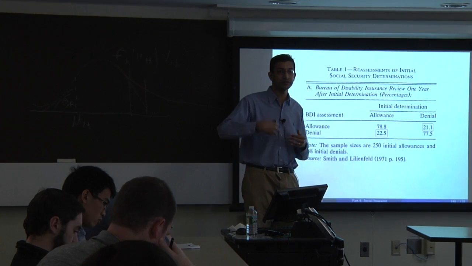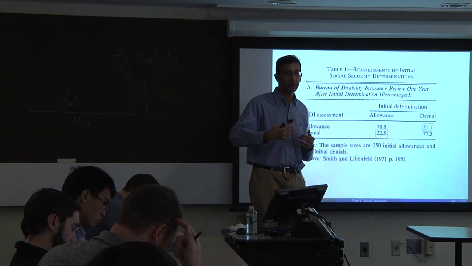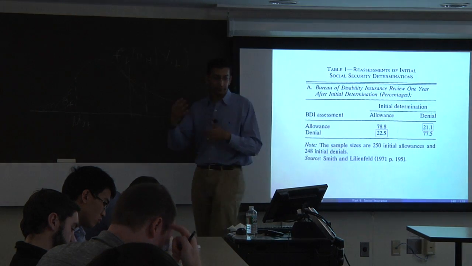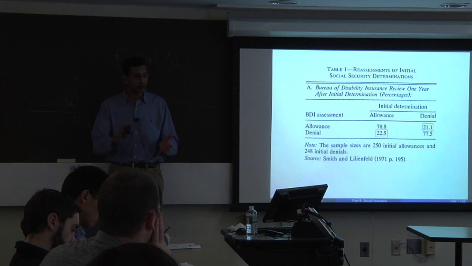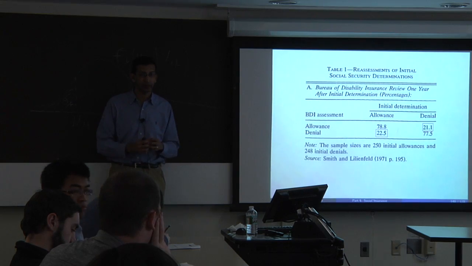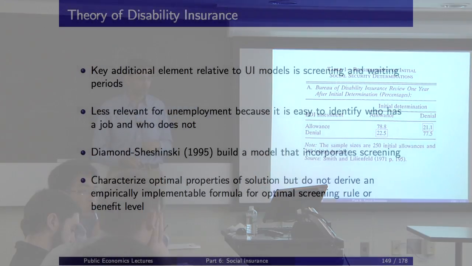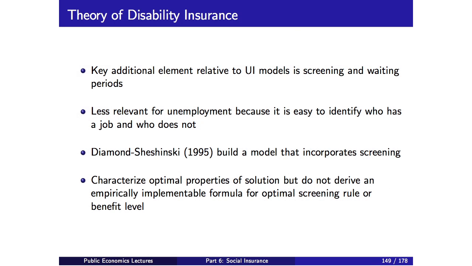You can see why there's quite a bit of scope for moral hazard, where as a worker it's quite ambiguous whether you might be eligible or not, and you might change your behavior depending upon the incentives. That leads to the key additional element of the theory of disability insurance relative to UI, which is screening and waiting periods, or hassle costs, basically.